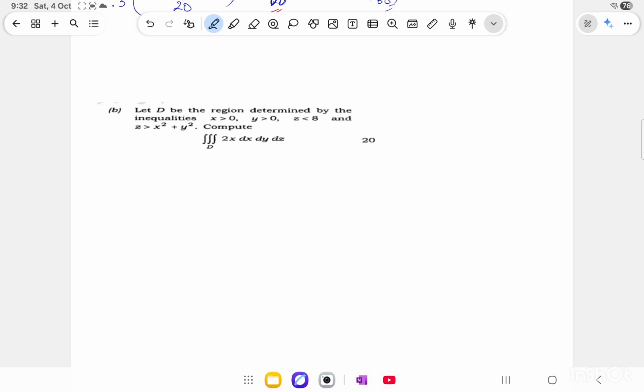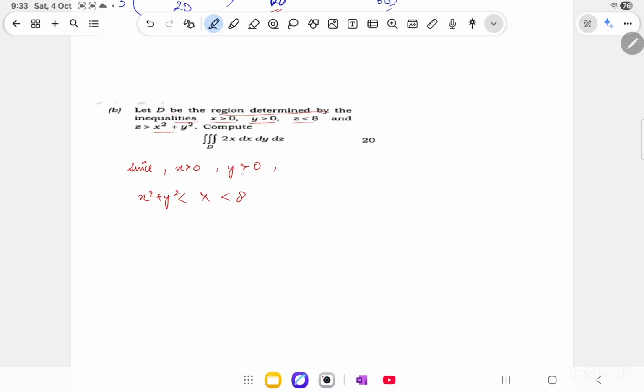The next question says that D is the region determined by inequalities x greater than 0, y greater than 0, and z is less than 8 and greater than x square plus y square. If you observe, since x is greater than 0 and y is greater than 0, z lies in between 8 and x square plus y square.